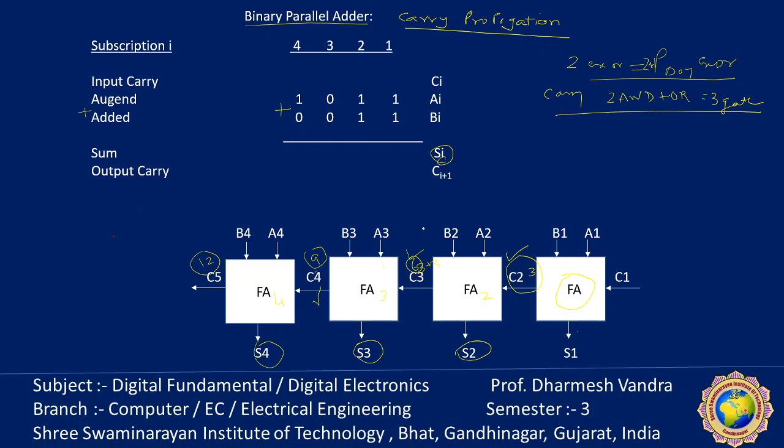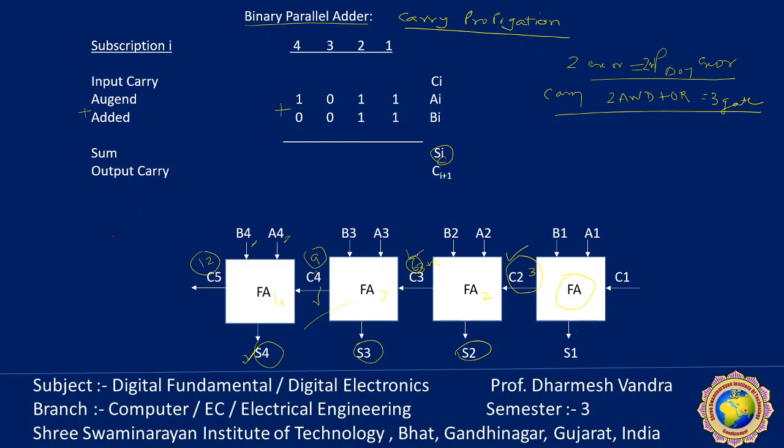Consider the output S4. Inputs A4 and B4 are steady at the initial stage, as soon as the input is applied to this adder. But the input carry C4 does not settle to its final steady value until C3 is available.